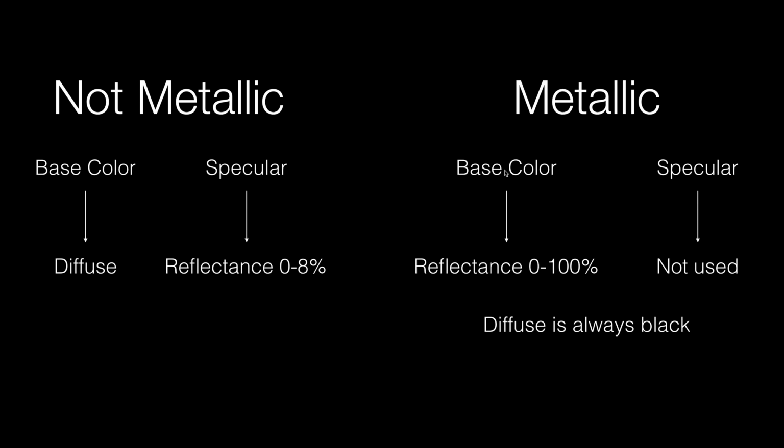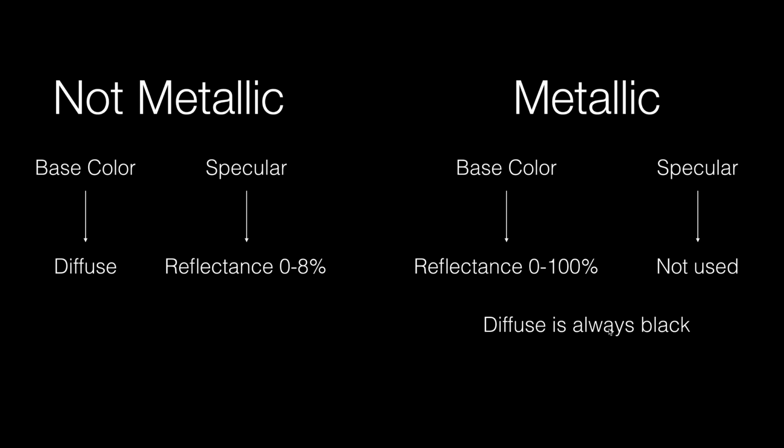And what you pass into the base color socket is now your reflectance from 0 to 100%. So metals have colored reflections, and so you're using base color to define the reflectance of the object. And the interesting thing here is that whatever you pass into the specular socket is going to get completely ignored because you're using base color to define the reflectance instead of the specular.